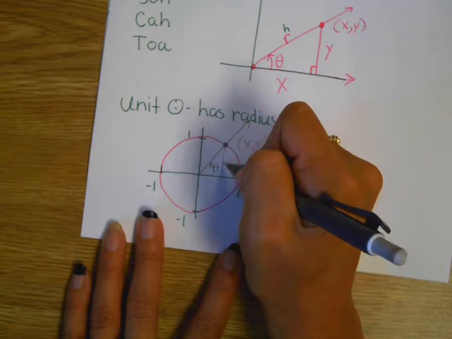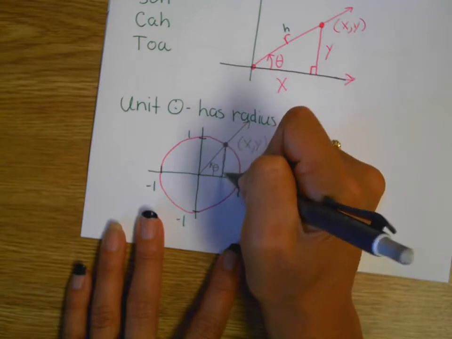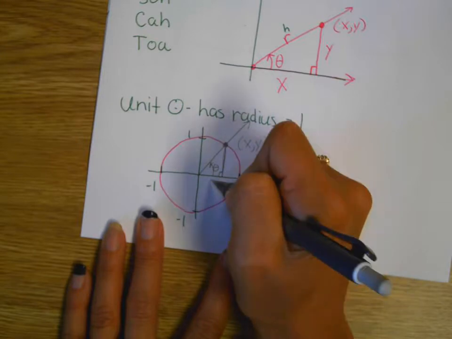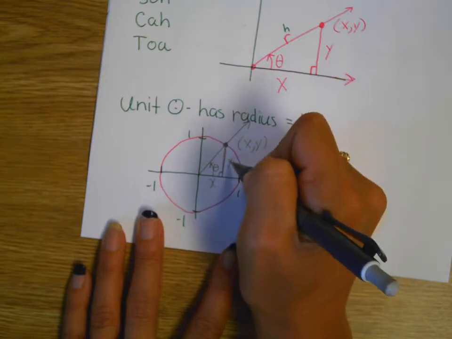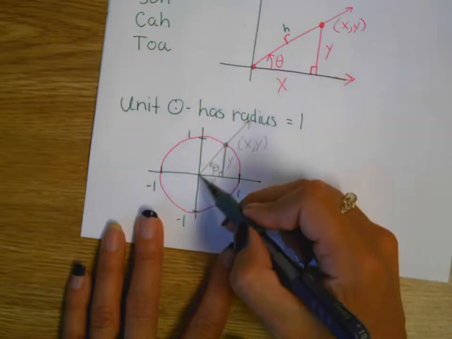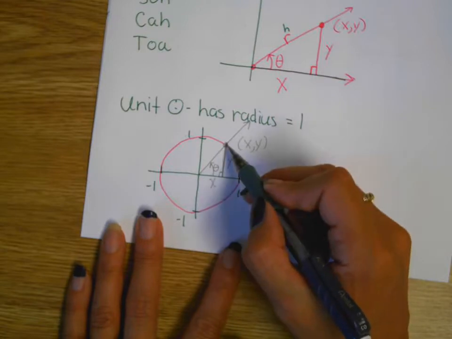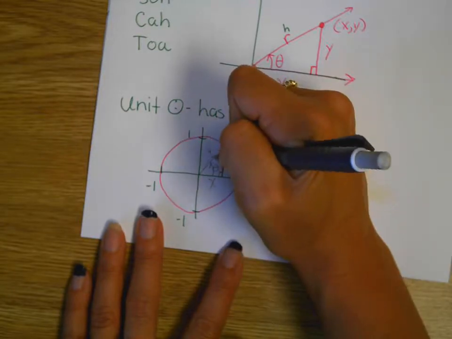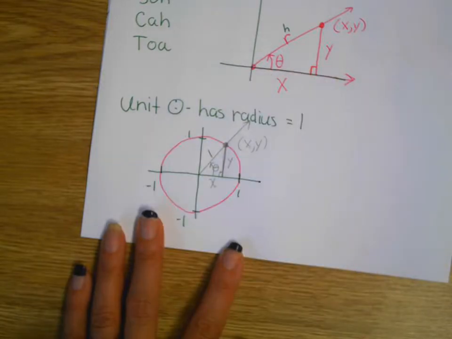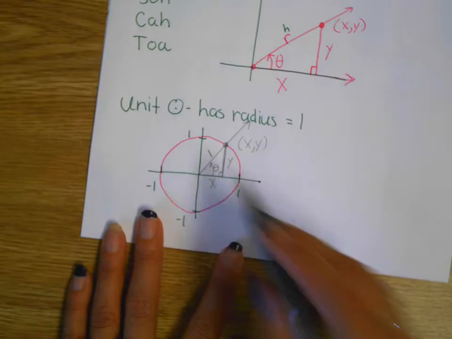Those two values will give us, so we're going to go over and up, over x, up y. But now what happens to my hypotenuse value because this is on the unit circle? What does the r equal to? 1. I don't have an r anymore. Now I've got a 1. As long as you're on the unit circle, the r value will be 1.